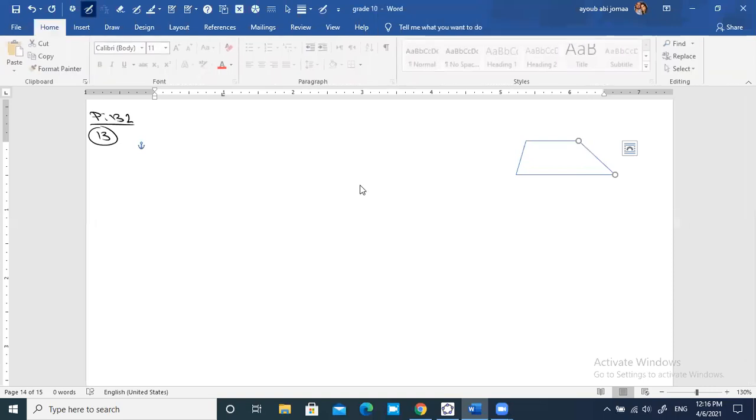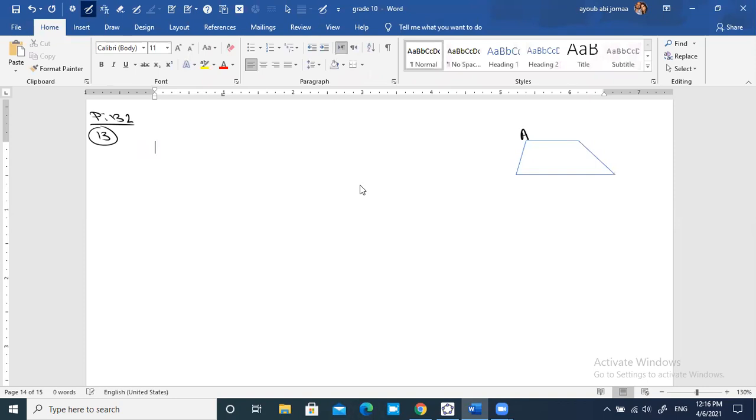So here we have A, B, C, D is a trapezoid. M is the midpoint of AB. And N is the midpoint of CD.